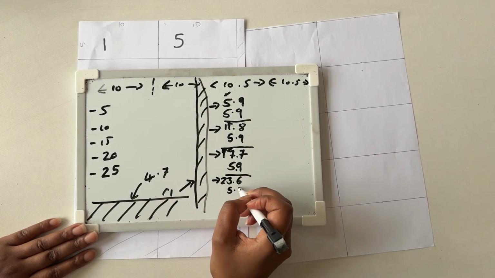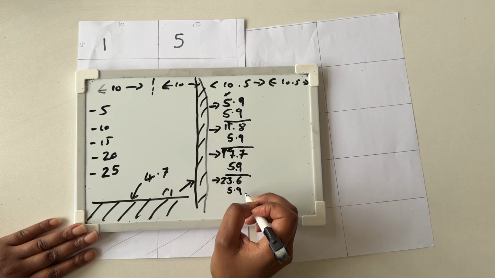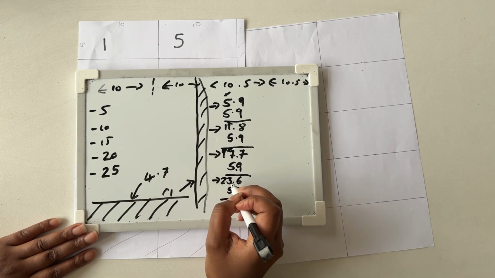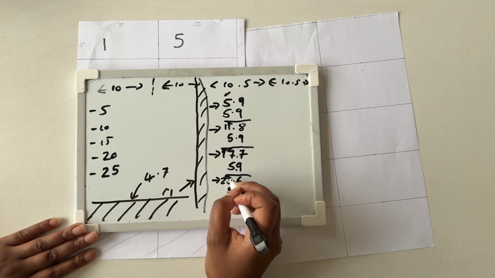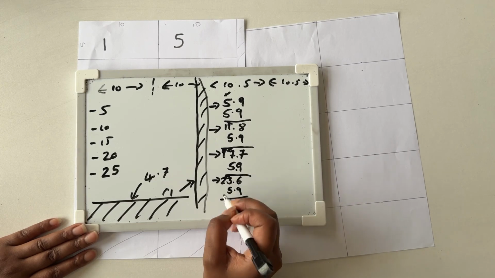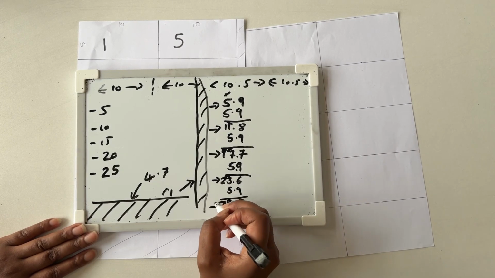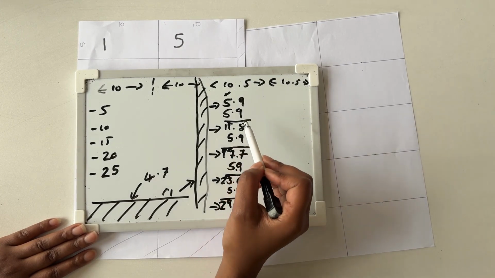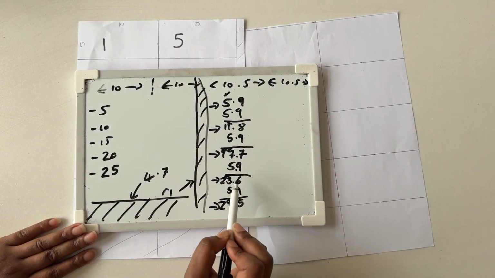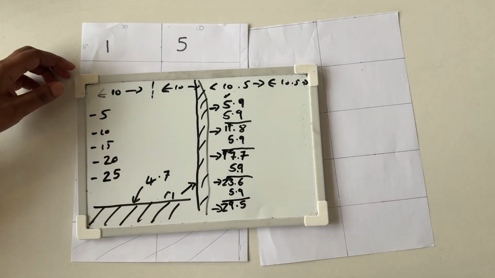And then you're going to add 5.9, and 9 and 6 is 15, plus the 1. And 5 and 3 is 8, plus the 1 is 9. And you drop the 2, so it's 29.5. So you would have 5.9, 11.8, 17.7, 23.6, and 29.5.